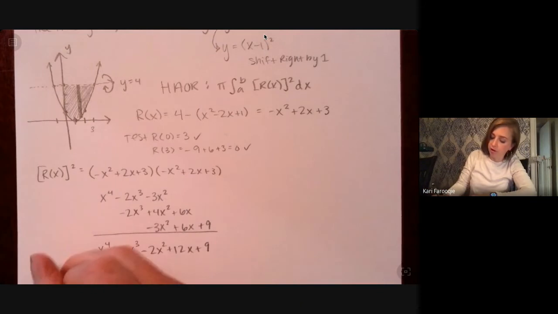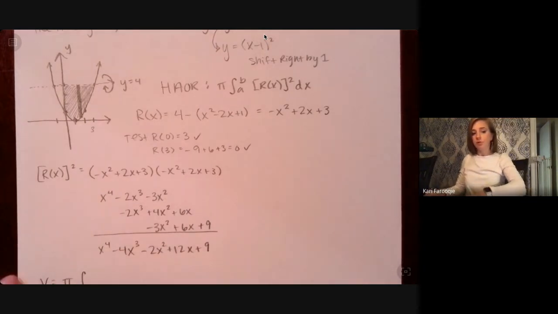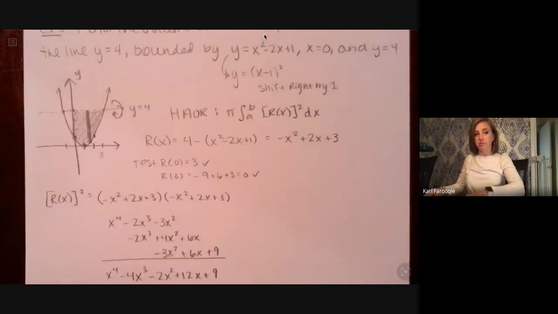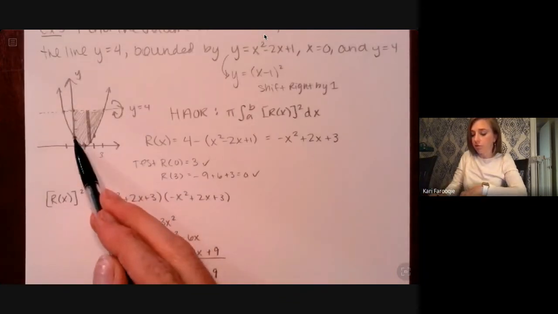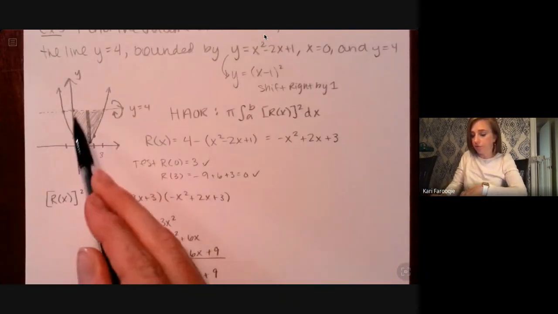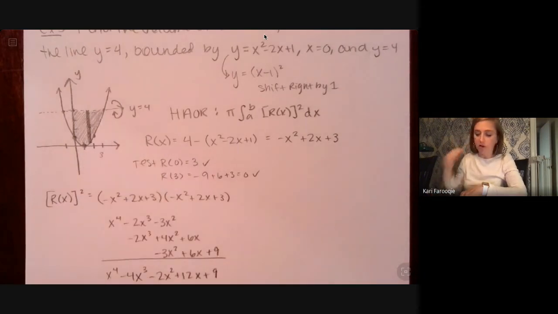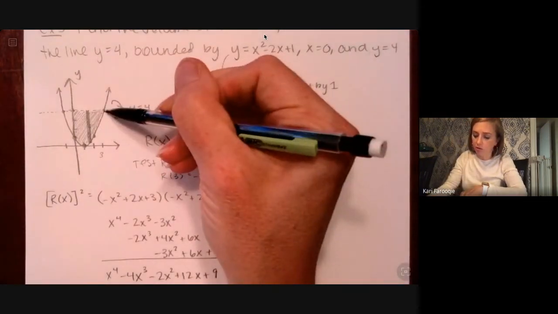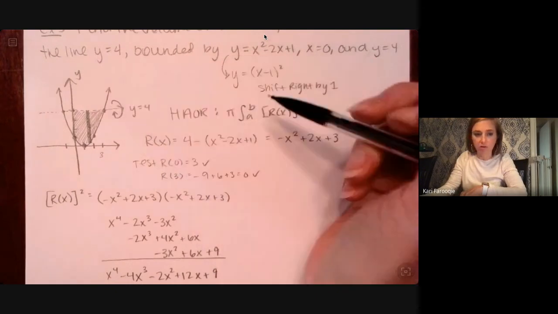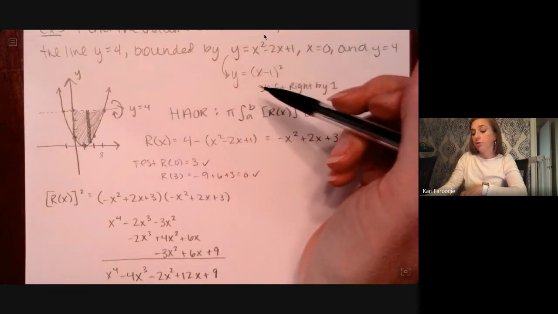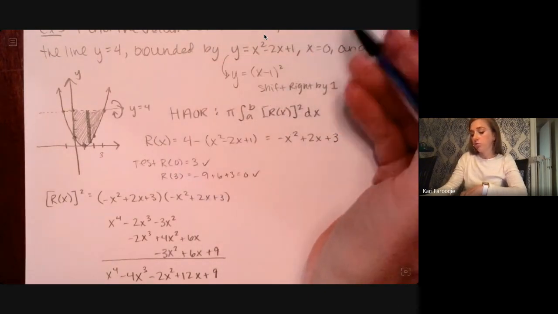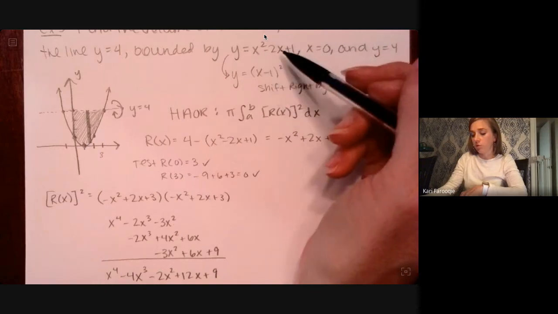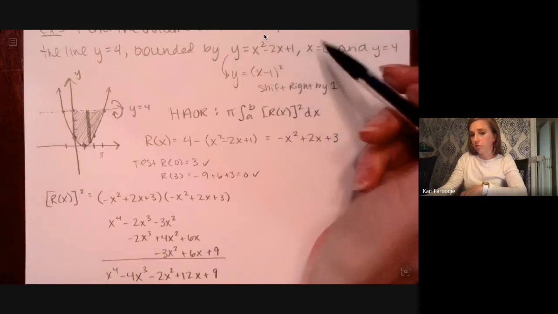Go ahead and put that into the integral. So we'll have pi, going from 0 to 3. That was the value at which we cut this off. It was just because we graphed it so beautifully that we could tell that was the intersection point. To find the intersection point, you would have just solved the equation x squared minus 2x plus 1 equals 4.